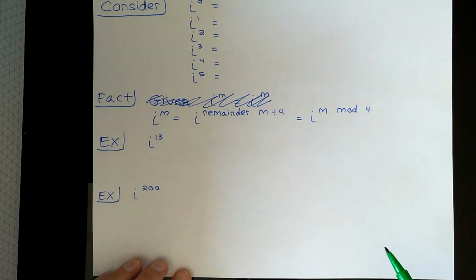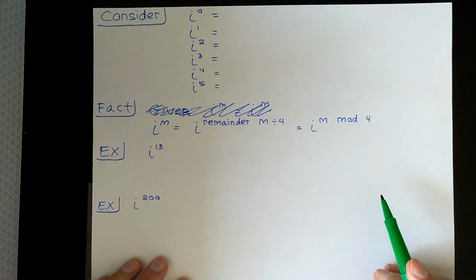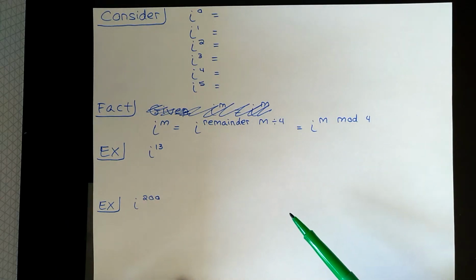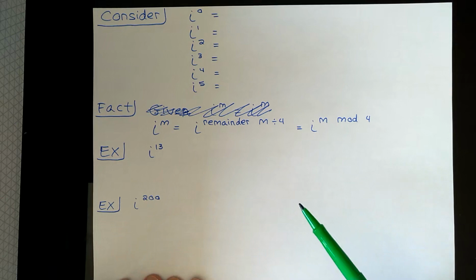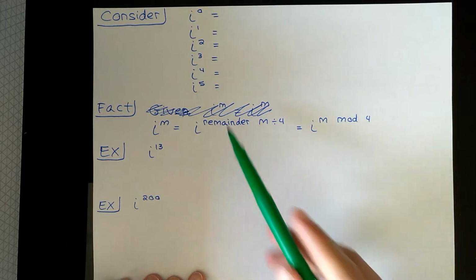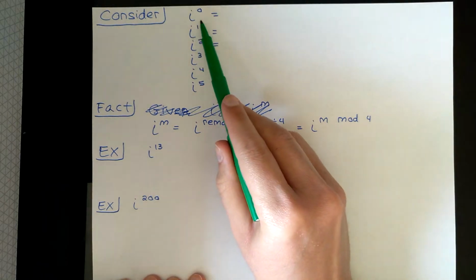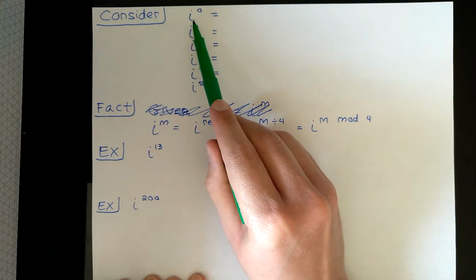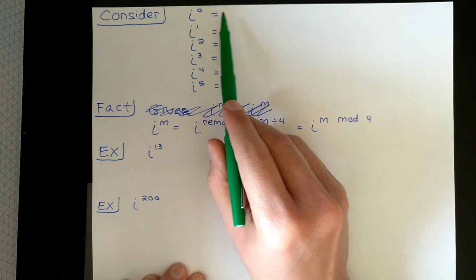Alright, so the last topic we have for this section is dealing with exponents. So when you have an exponent for your i, we've already done a few of these. First of all, let's consider i to the 0 power.